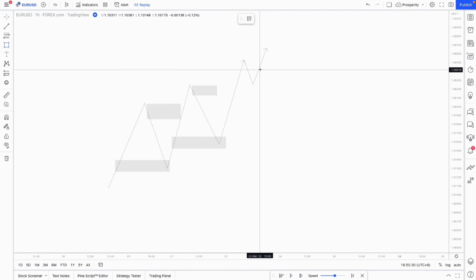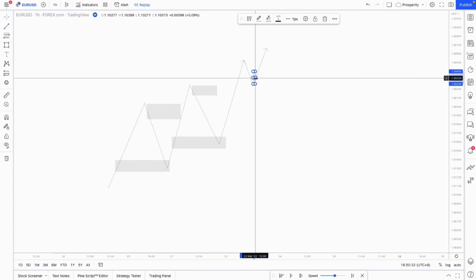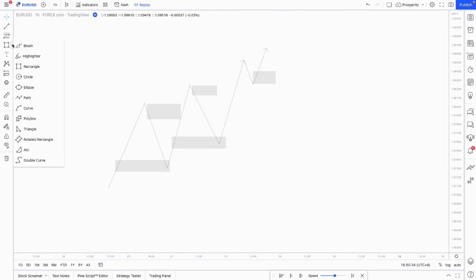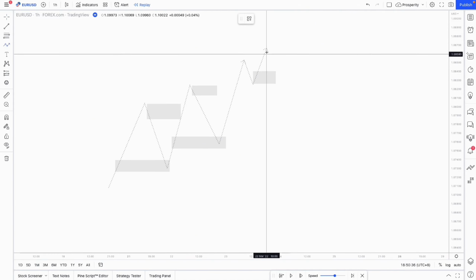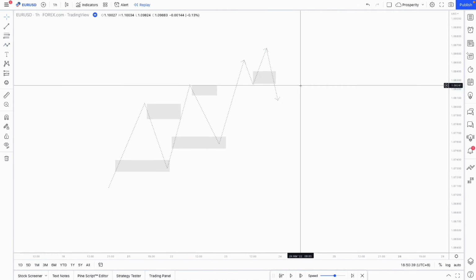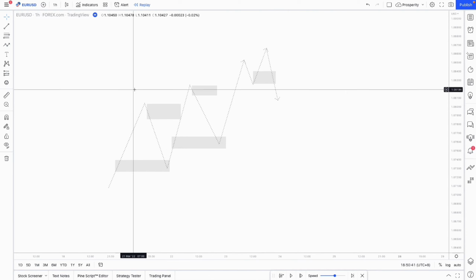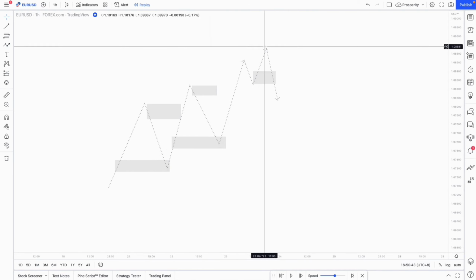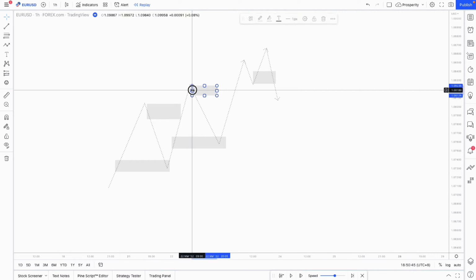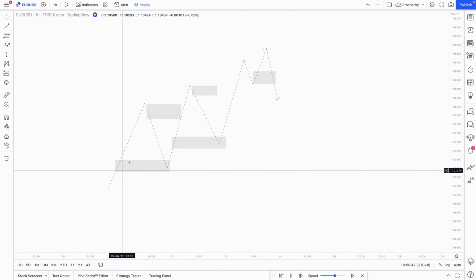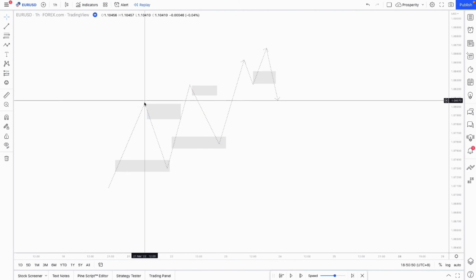This is our demand. And then price does this. So we can see that price is moving in an uptrend. And we can see that we have demand respected, supply taken out.